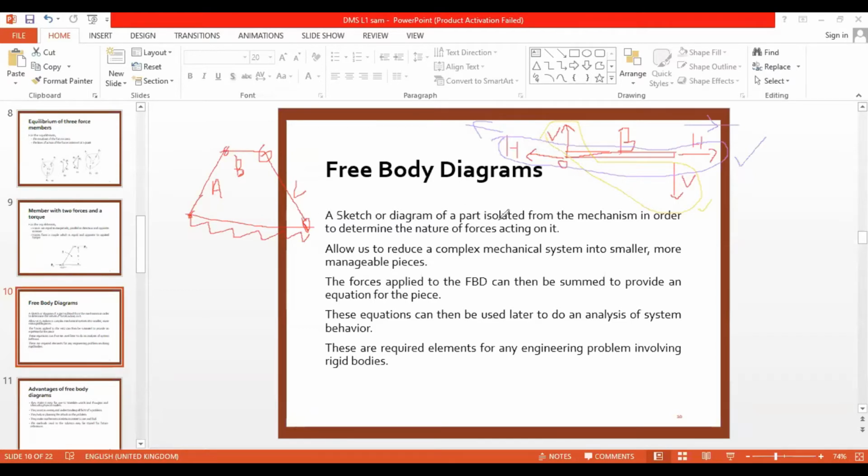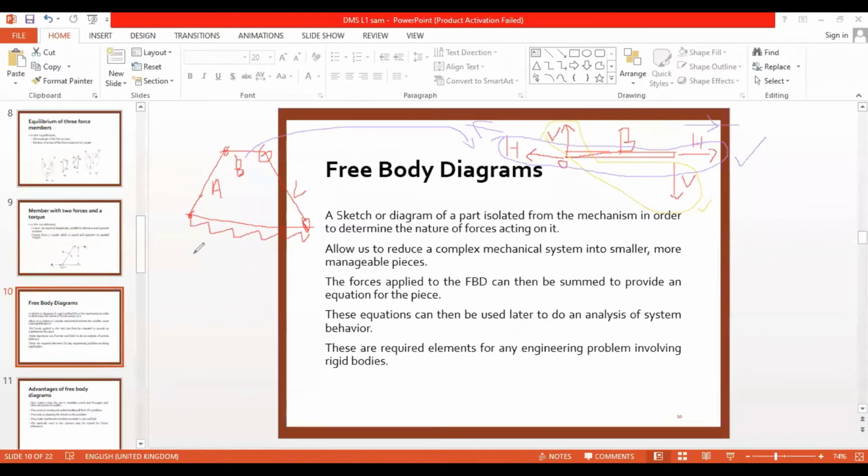We'll see a sketch or diagram of a part isolated from the mechanism. This is our 4-bar mechanism. Now I remove this part to make it isolated in order to determine the nature of the forces acting on it. This allows us to reduce a complex mechanical system into smaller, more manageable pieces.